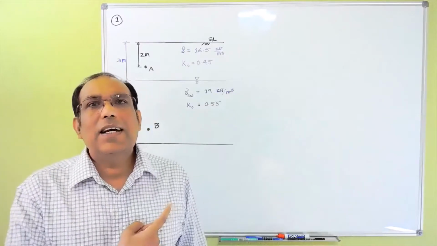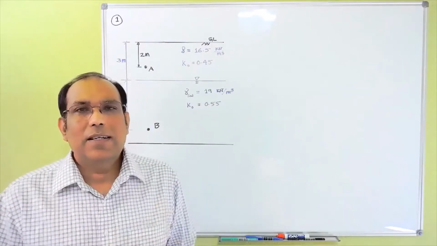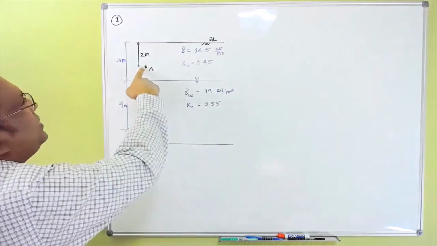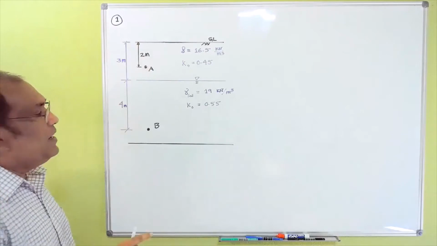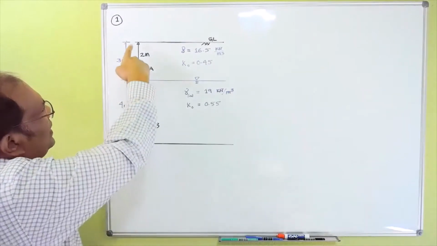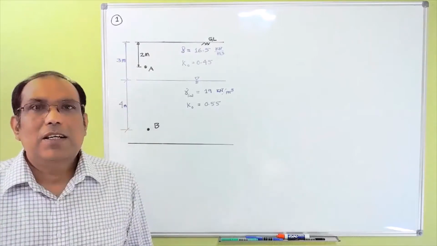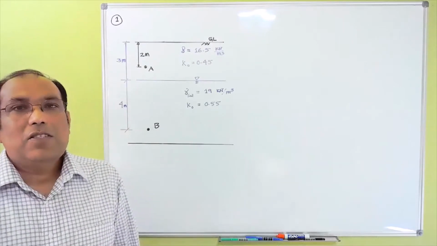So this is problem number one. You can see here that this is point A, which is 2 meters below the surface, and B is actually a total of 3 plus 4, 7 meters from the surface.